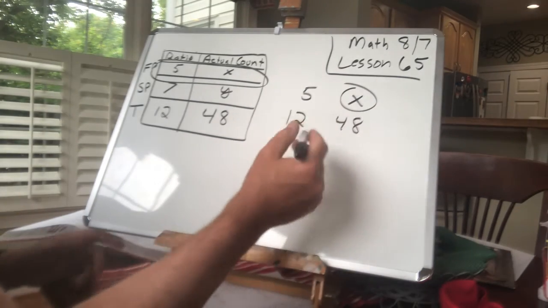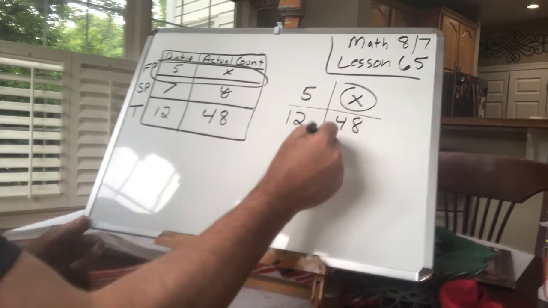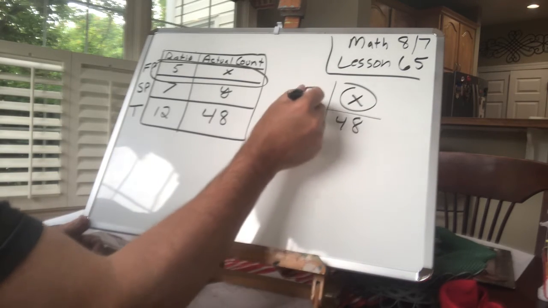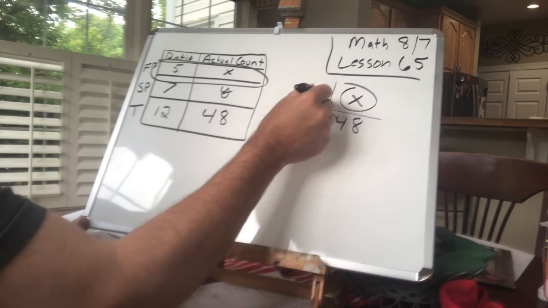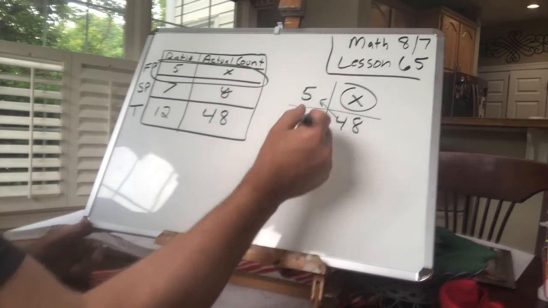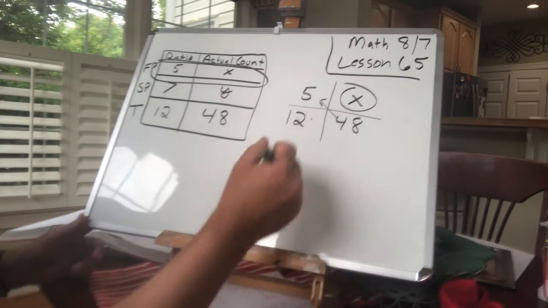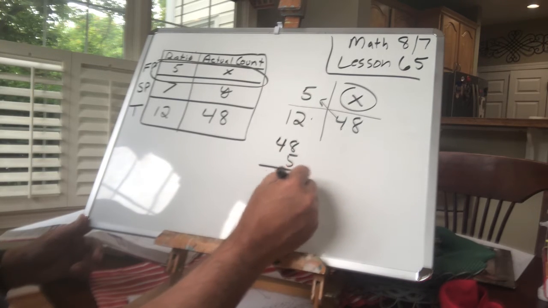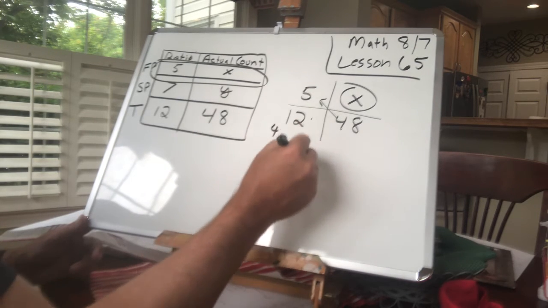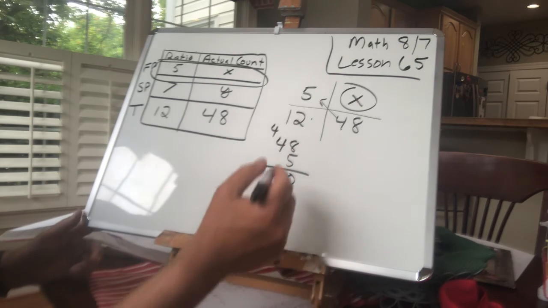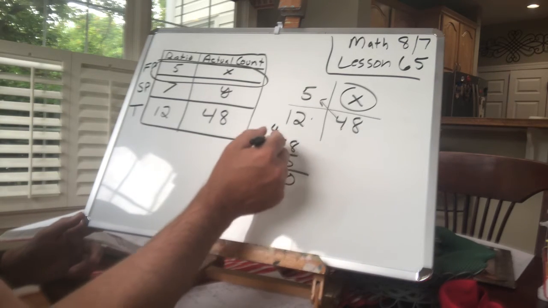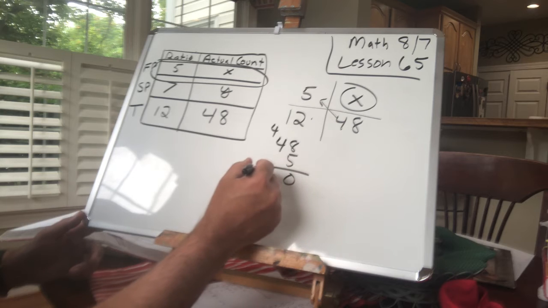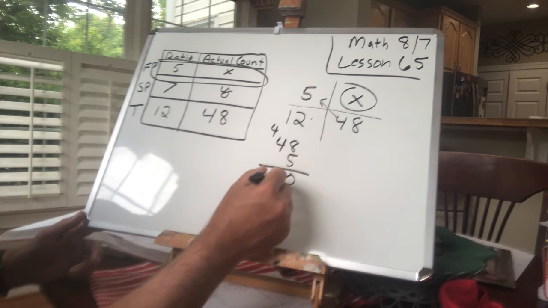But this is one of those ratio problems where I can cross multiply 48 times 5 and then divide by 12. 48 times 5: 8 times 5 is 40, I carry the 4. 5 times 4 is 20, plus 4 would be 24.